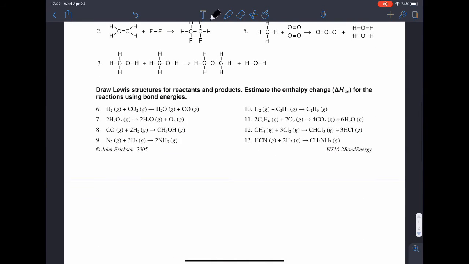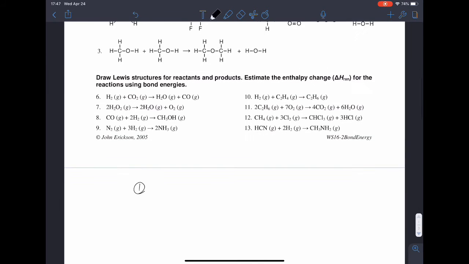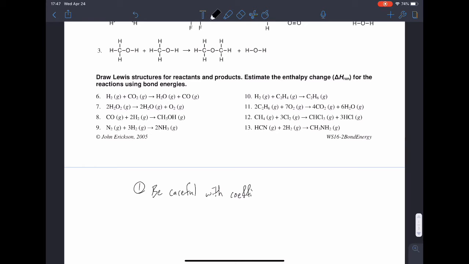A couple of things to note about this process is, number 1, be careful with your stoichiometry. Be careful with coefficients.